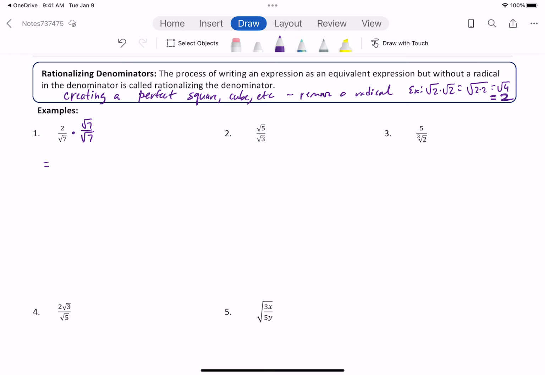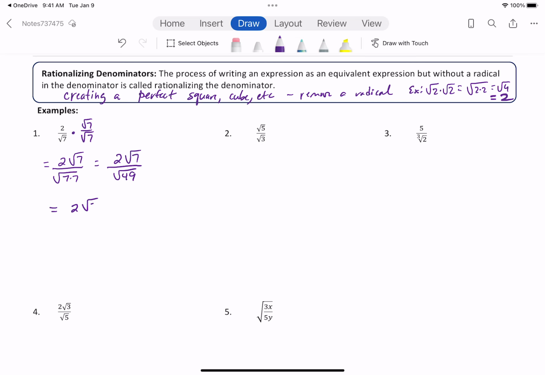In the top, we have 2 times root 7 over, in the bottom, 2 radicals with the same index, so we can write them together. So we have 2 root 7 on the top over the square root of 49.